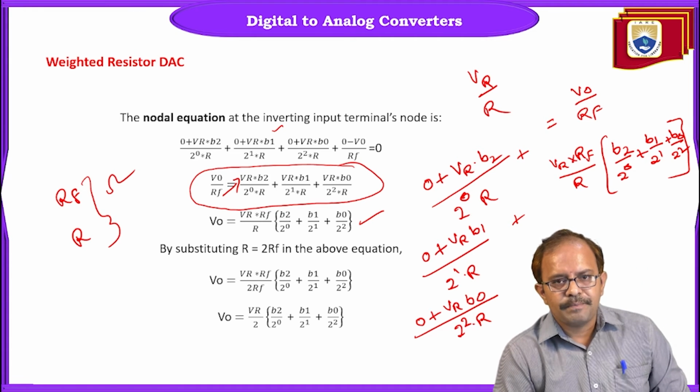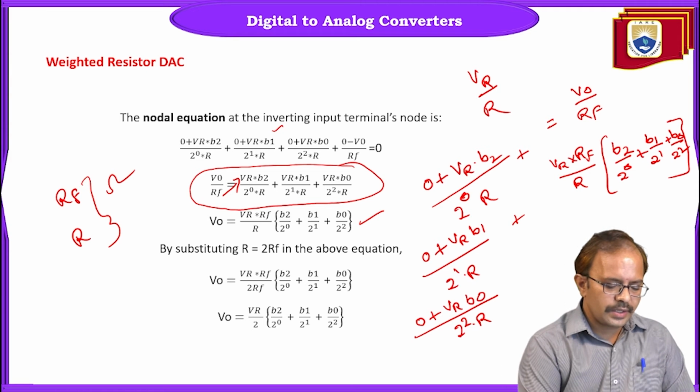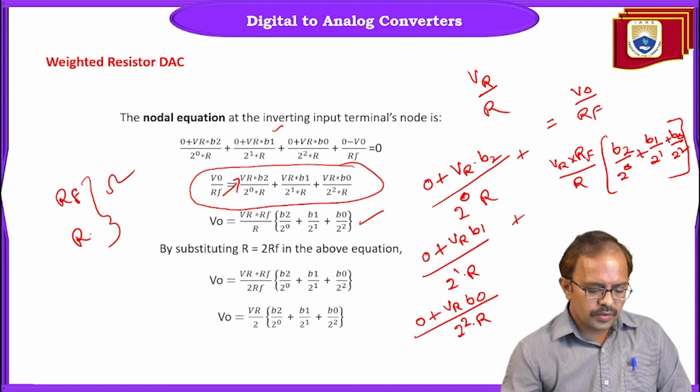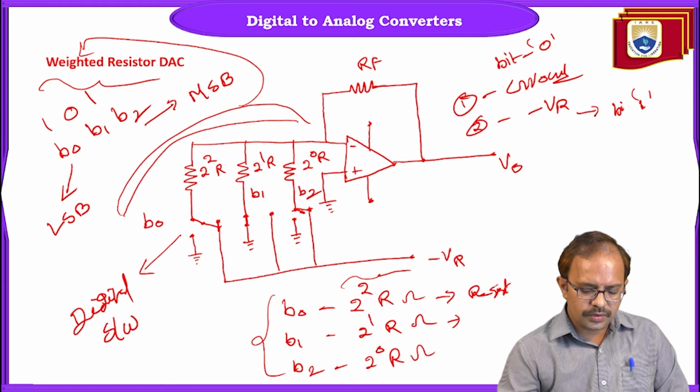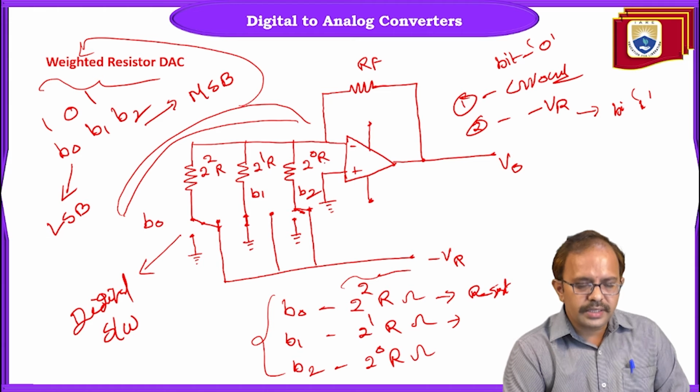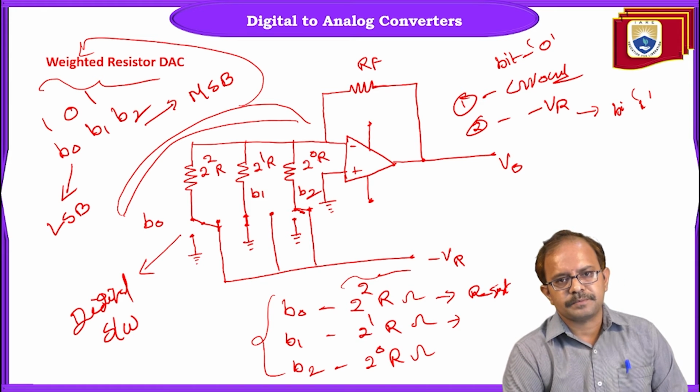For instance, if we assume the values of these two resistances, RF is the feedback resistance in the circuit, and R is the weighted resistance.